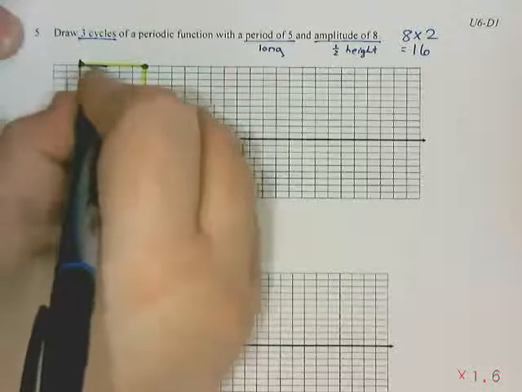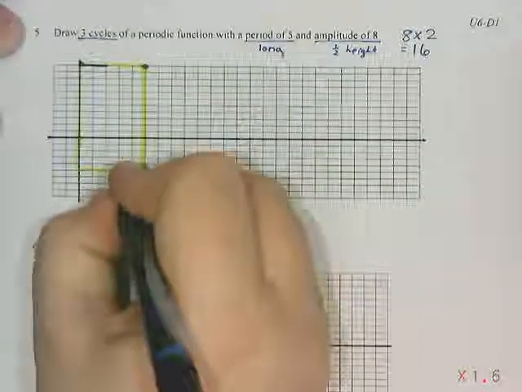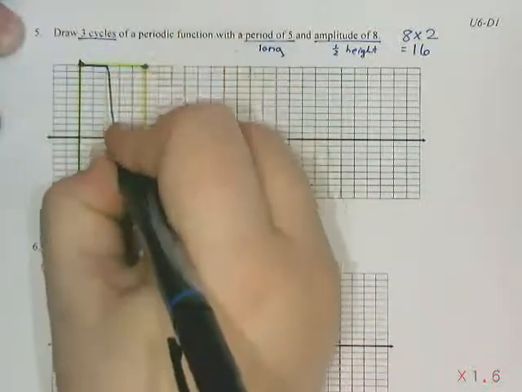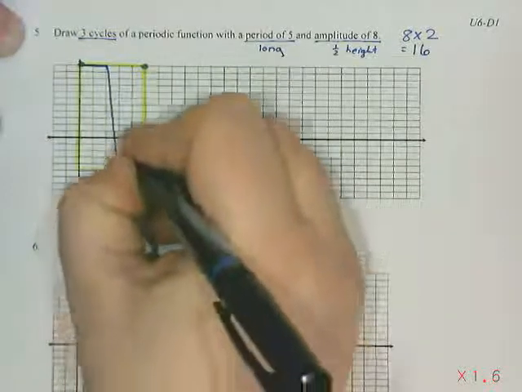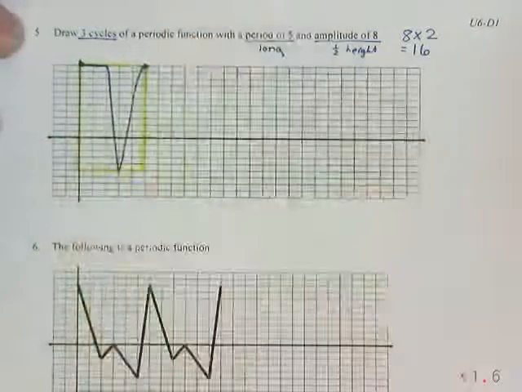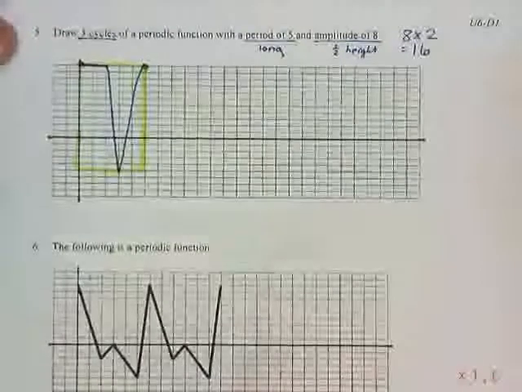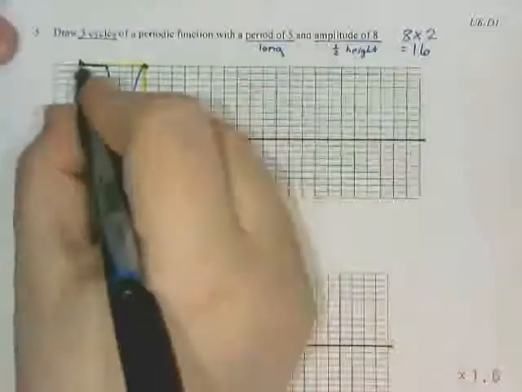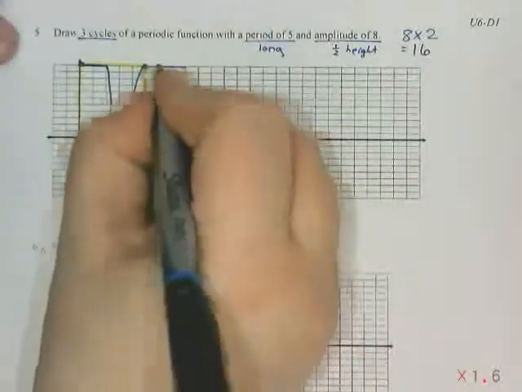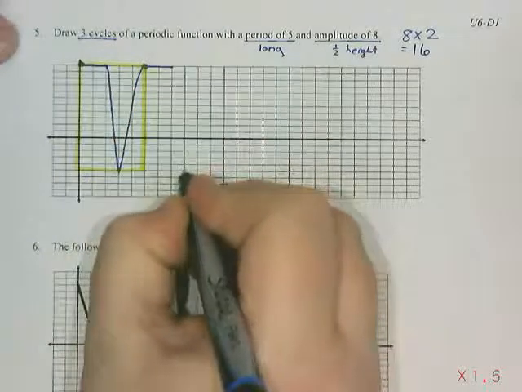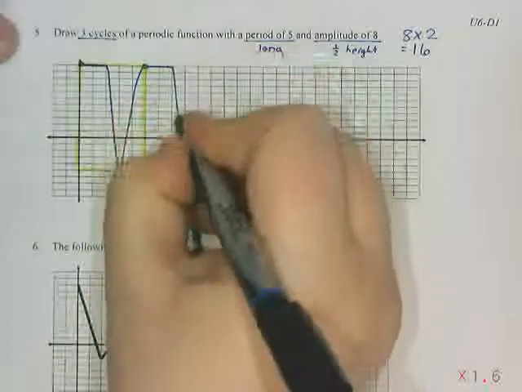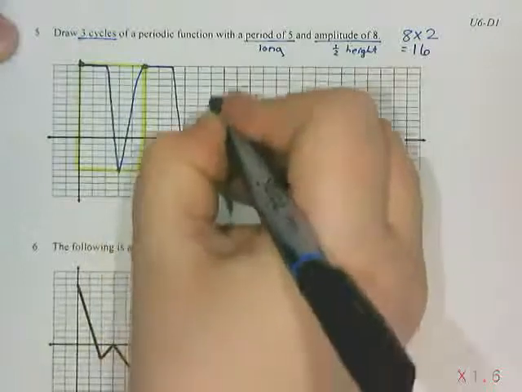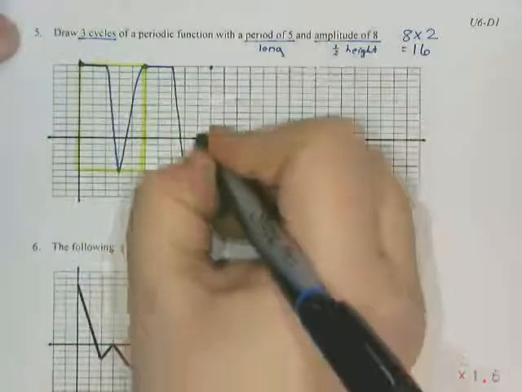So I'm thinking maybe I'm going to go 2 squares over, and then I'm going to drop all the way down to the bottom, and then come back up. And then I'm going to repeat that 2 more times. So I'm going to go 2 squares over, all the way to the bottom in 1 square, and then in 2 squares, I'm going to come all the way back up to the top.